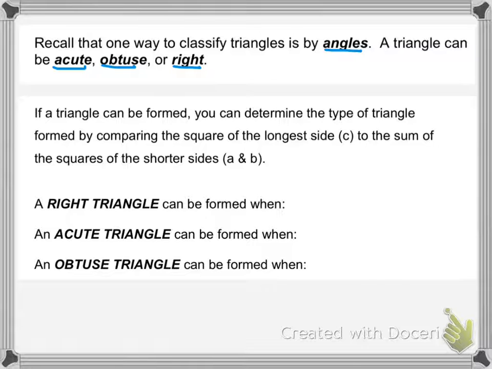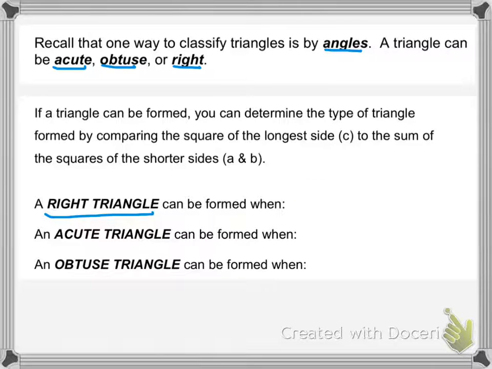The Pythagorean theorem states that if you have a right triangle, then a squared plus b squared equals c squared. The converse, or the reverse of that, says if a squared plus b squared equals c squared, then you have a right triangle.